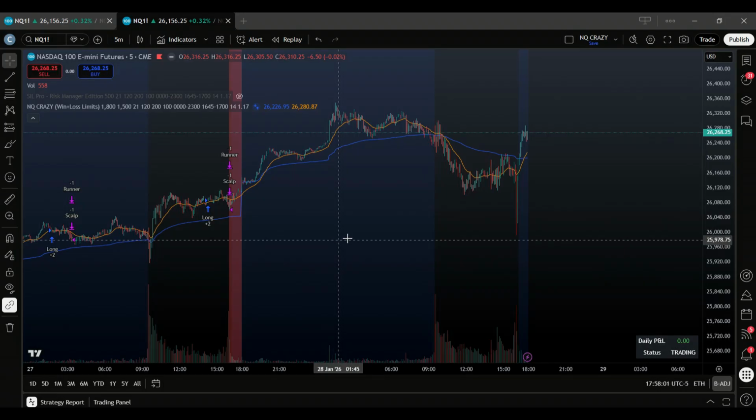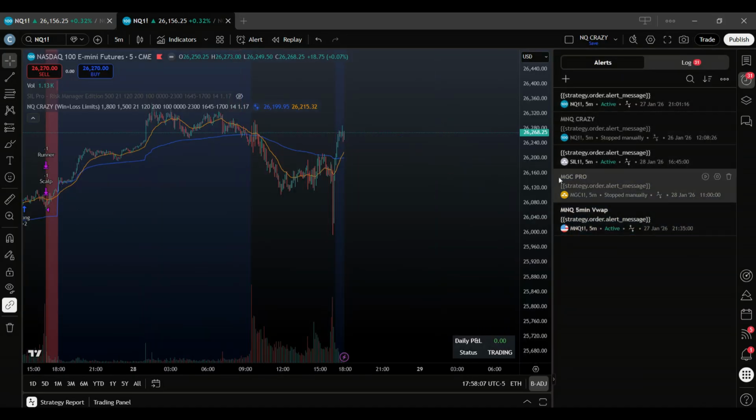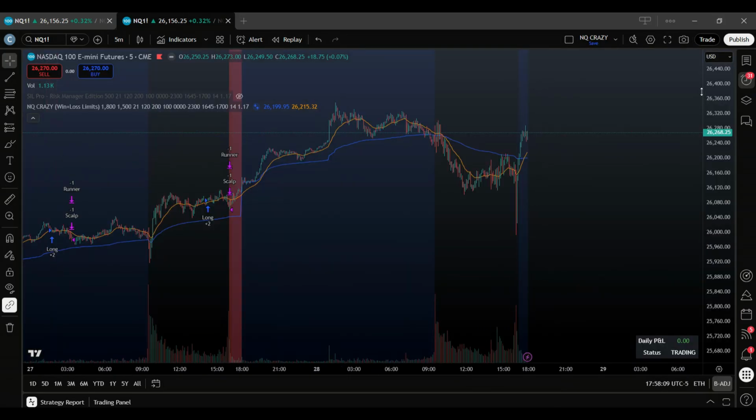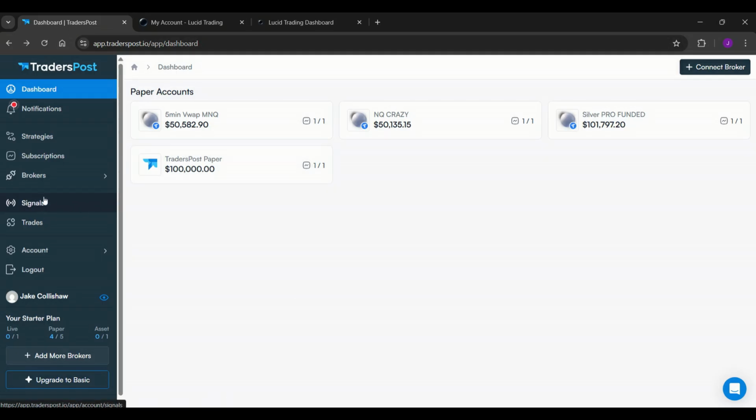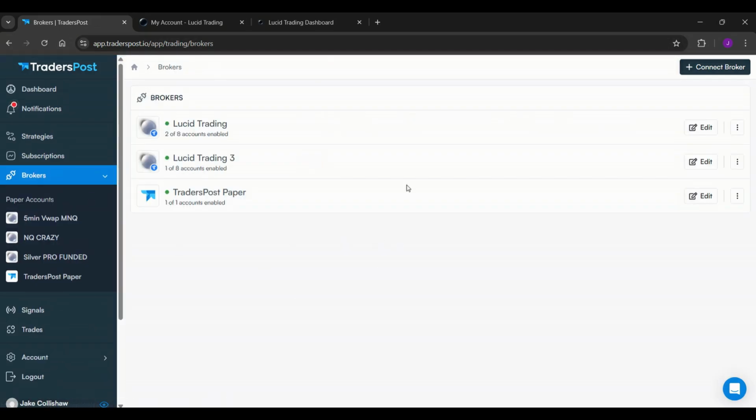So the next video, I will be showing you how you can create alerts and link this to TradersPost. And TradersPost connects to your broker, which could be Lucid, all sorts of brokers. Here's my TradersPost.